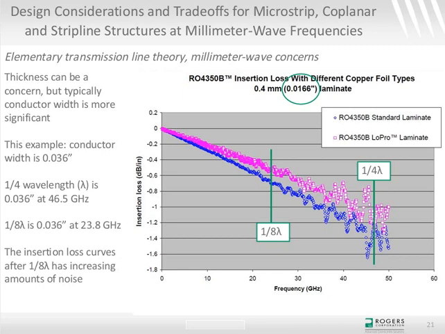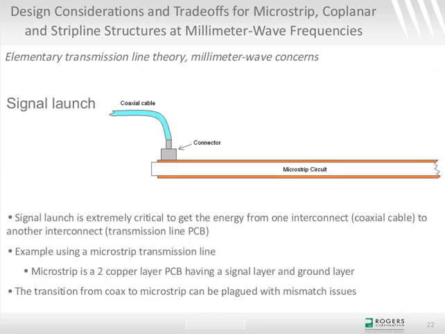If you look at the insertion loss curves going from 10 megahertz up to about 24 gigahertz or so, those insertion loss curves are pretty well behaved, and that's in the range where the conductor width is less than an 1/8 wavelength. So in general, 1/8 wavelength or less is a good thing for avoiding some of these various modes.